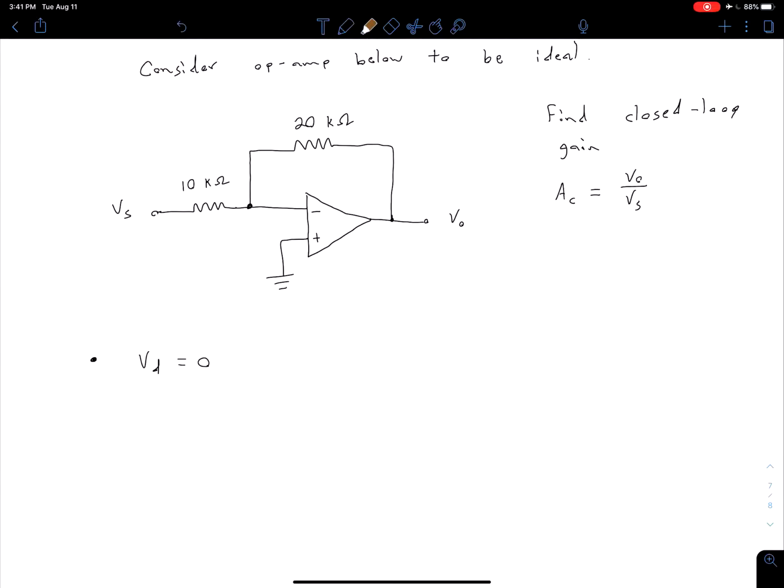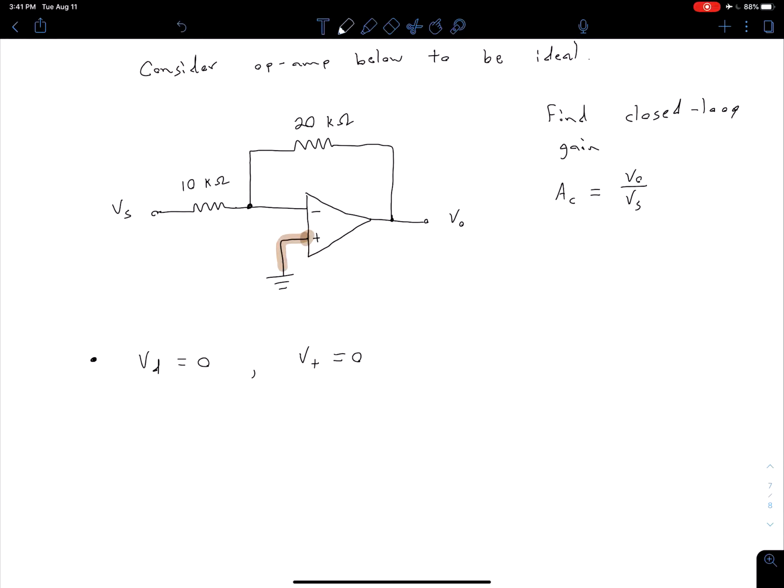So we can look at our non-inverting terminal, which is our positive terminal, and we can see that that is connected directly to ground. So we can come back down here and we can say, well, we know that V sub plus is equal to 0. So that's just a way of me saying that our non-inverting terminal is equal to 0. We want to be careful not to confuse that with our V plus, which is our power supply.